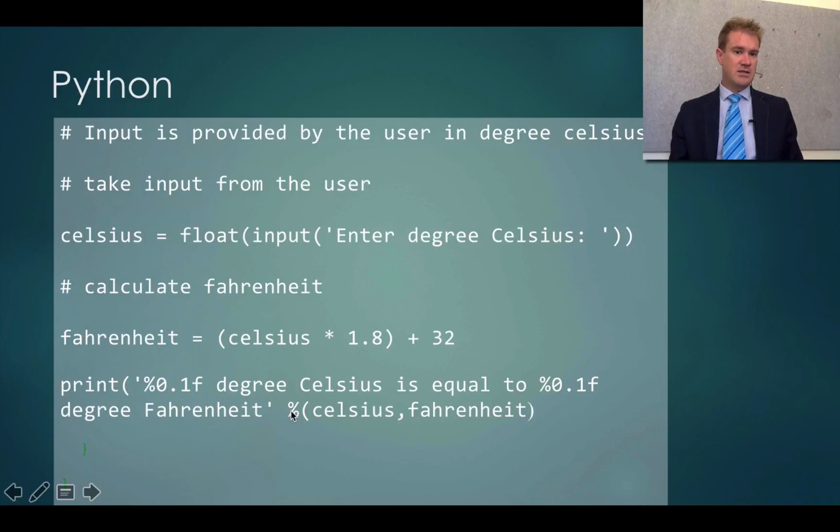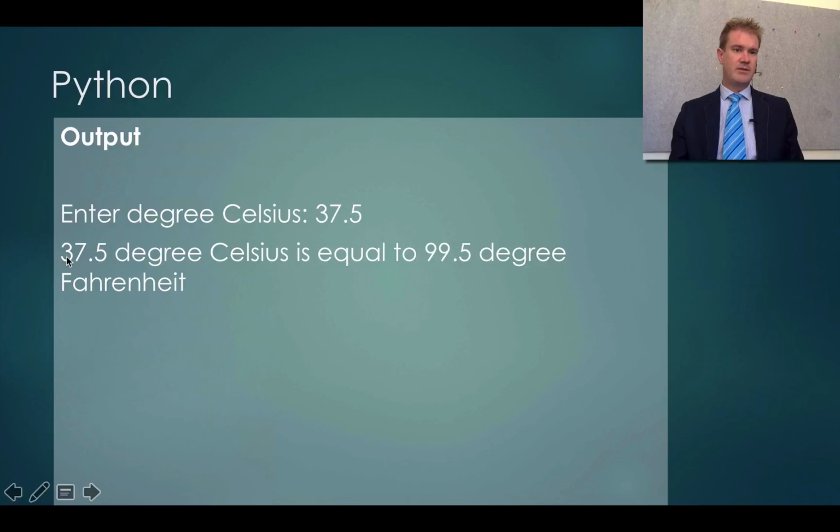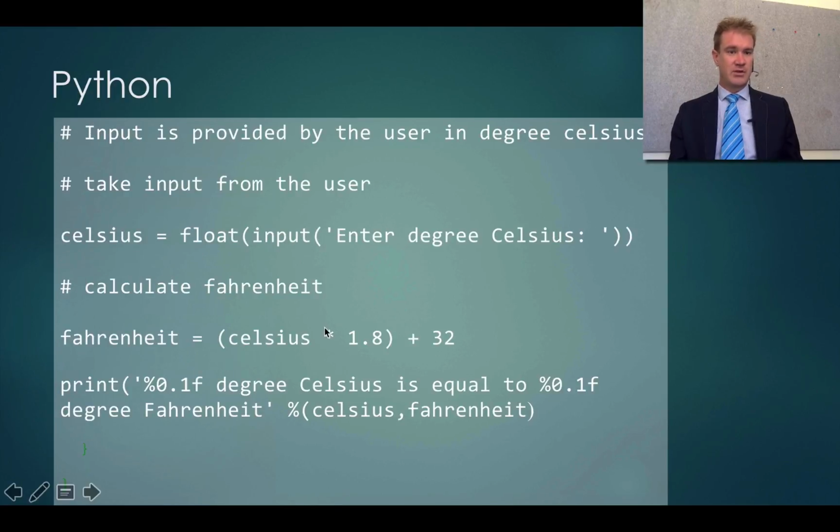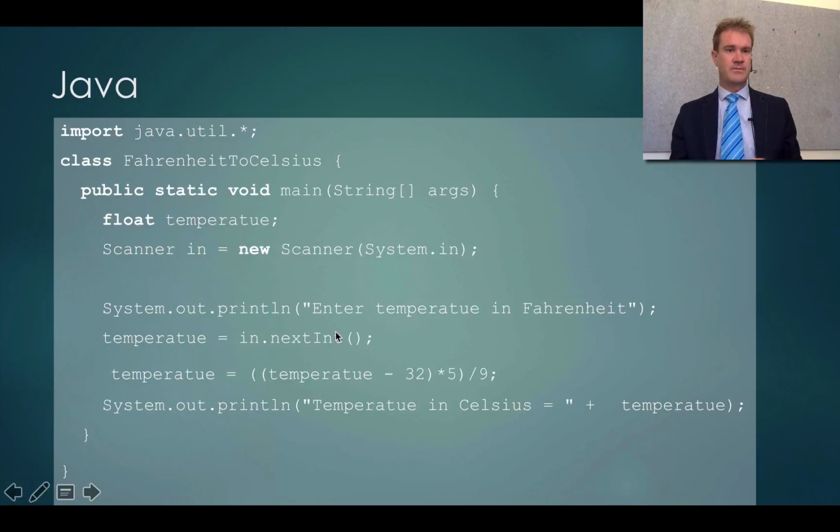So the first time we see percentage, it's going to put in Celsius, and then the second time it's going to put in our second variable, which is Fahrenheit. So our output would be 37.5 degrees Celsius is equal to 99.5 degrees Fahrenheit. So that's how we do it in Python. Again, similar, but there are some distinct differences in the syntax, and it's just learning those changes.